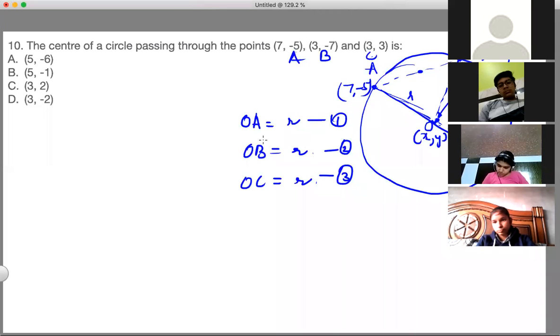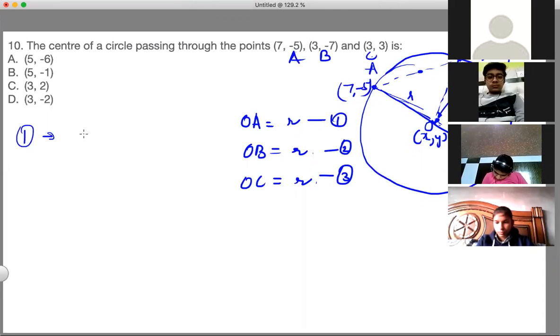So we can solve it, and we can find the value of x, y, and r, all the three. This is one way of solving this problem. Okay. What is the other way? So one way, distance formula, three times.